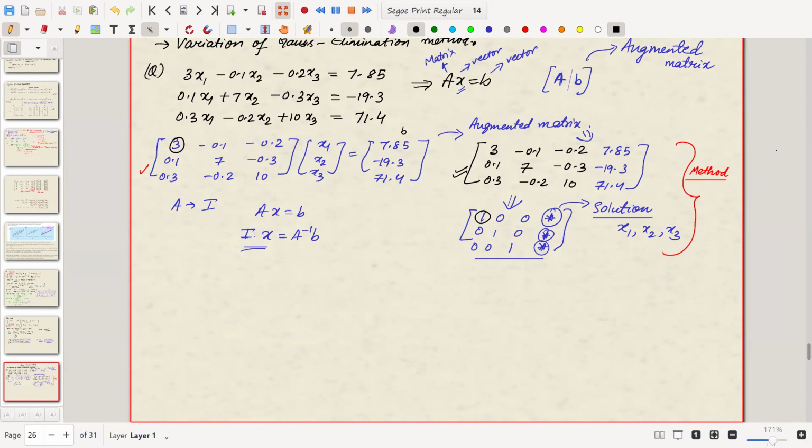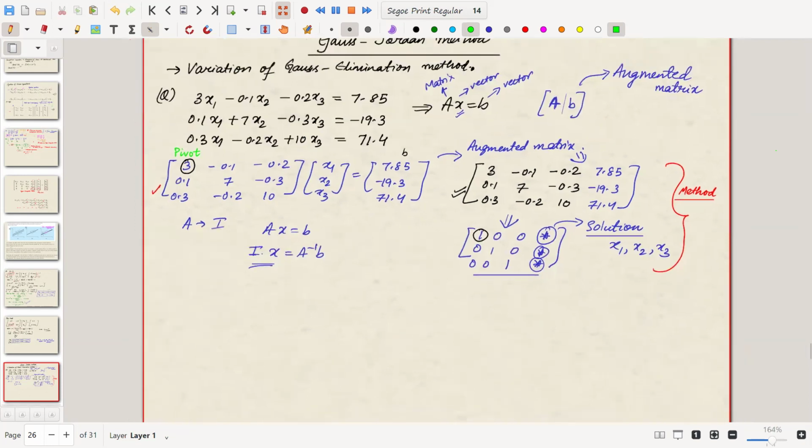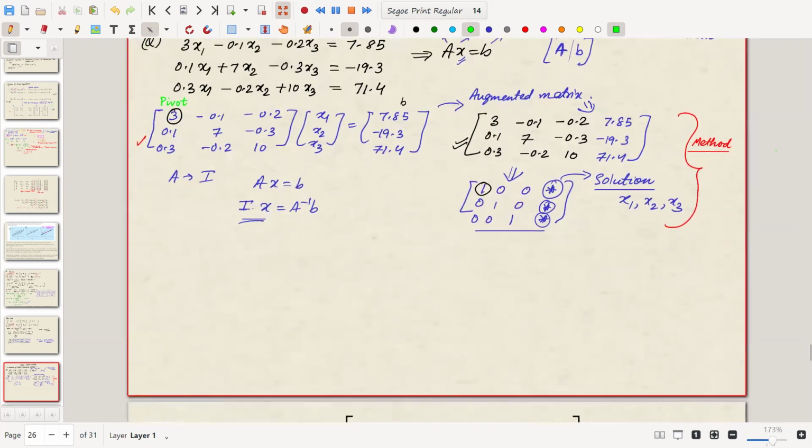This 3 has a name. I should give respect to this element also, and not just call it 3. This 3, this 7, this 10, all these elements are known as pivot elements. So what we are doing here is normalizing the row by dividing it by the pivot.